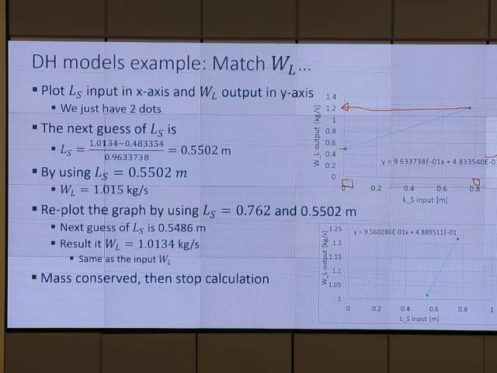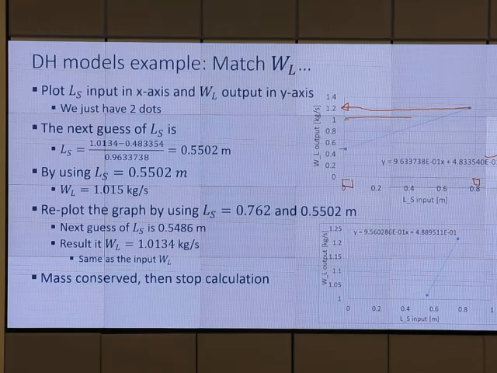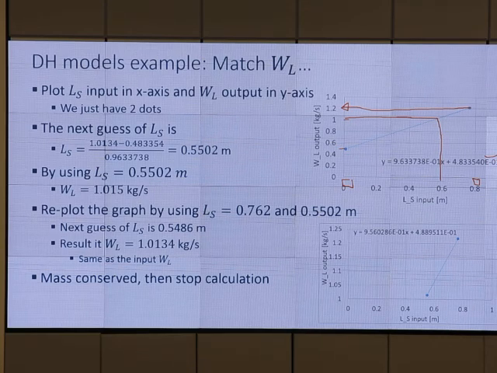Use Excel, of course, and get the equation. Then I can find the value of LS that gives 1.0134. So I find that LS should be 0.5502.